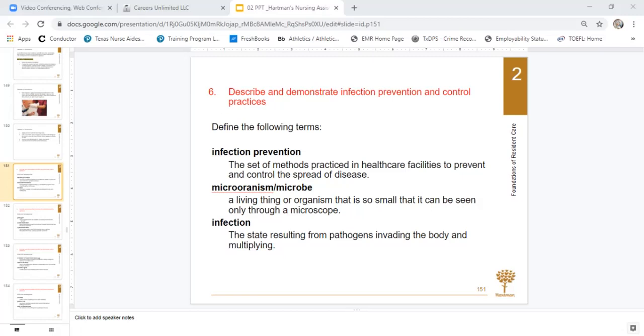Somehow our bodies are able to balance between the good organisms and the bad organisms. The bad organisms are called pathogens. A pathogen is a bacteria that is able to cause infection. If you know someone that contracted the COVID-19 virus, that person contracted the pathogen, and it was able to cause a systemic reaction in that person.